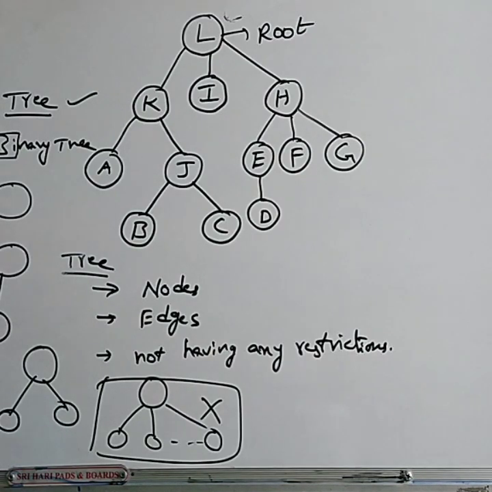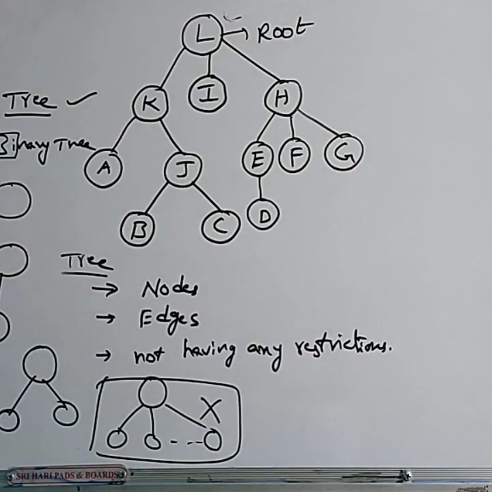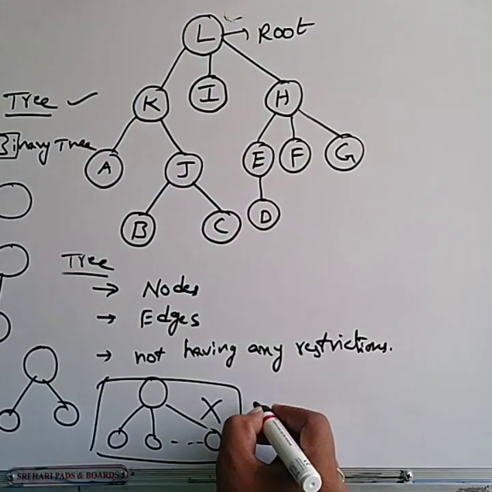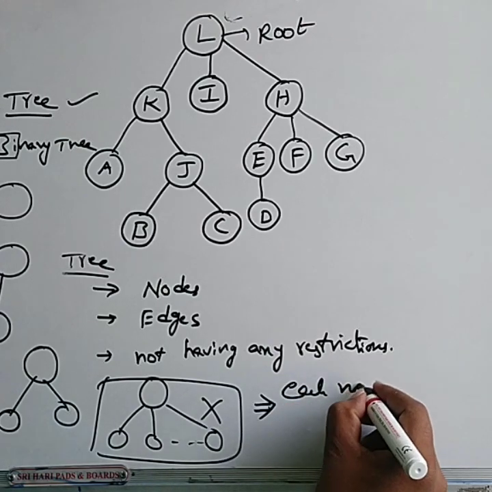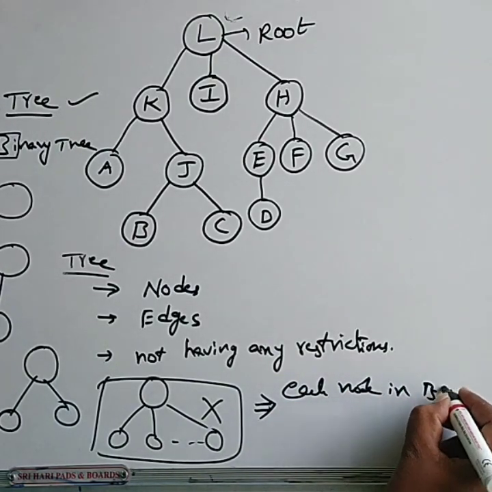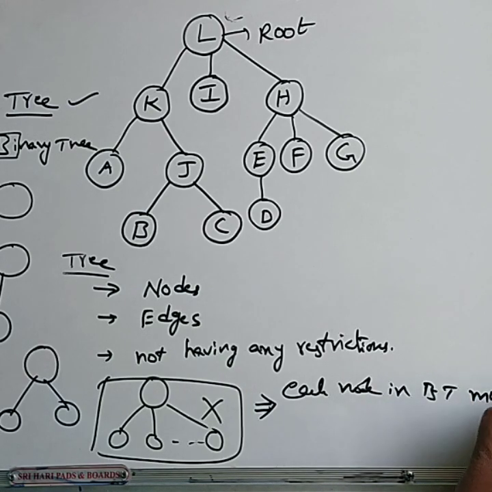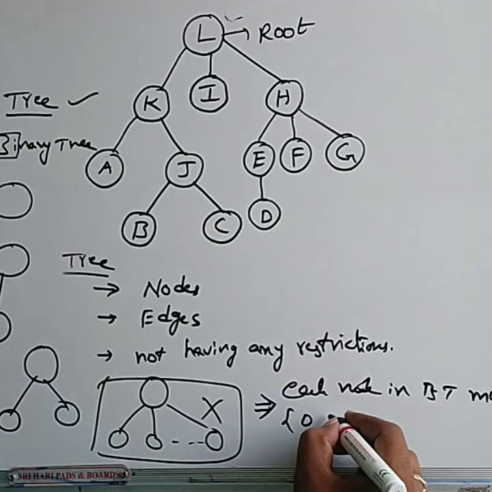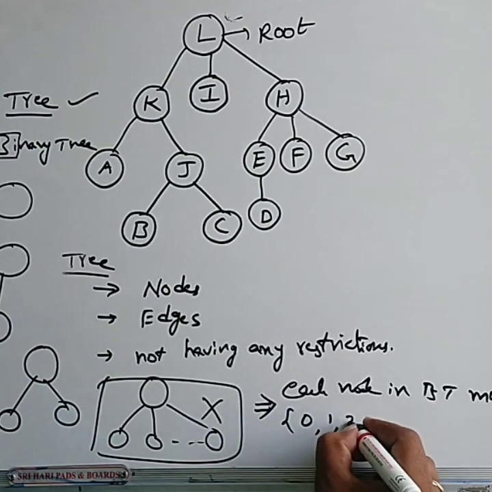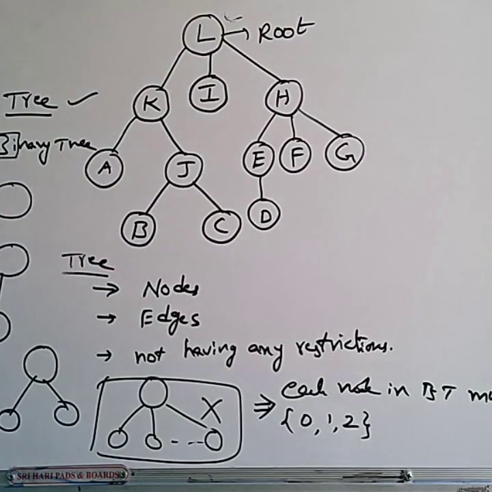If the node has no children, it is called a binary tree. The node having one child, it is called a binary tree. The node having two children, it is called a binary tree. So the definition is: each node in a binary tree must have 0 children, or 1 child, or at most, that means a maximum of 2 children.